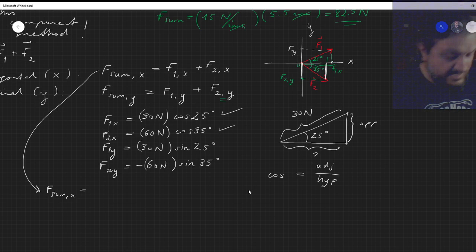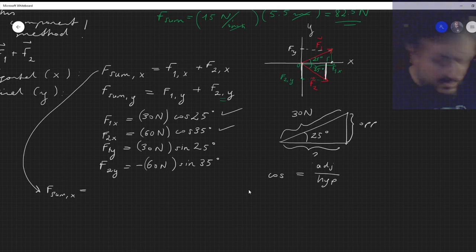So 30 cosine, let's make sure it's in degrees and not radians. It's degrees, I'm sorry. Set angle unit to degrees. All right.